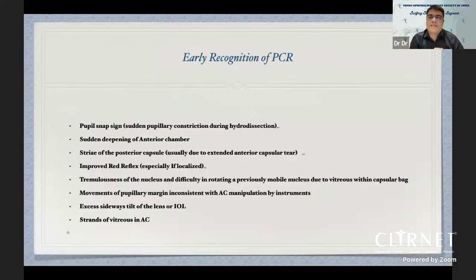How can we recognize it early? Because earlier recognition leads us to take steps which further decrease the chances of uneventful complications which can occur in that case. So you may notice that there is sudden deepening of the anterior chamber when PCR occurs. There may be the pupillary snap sign.